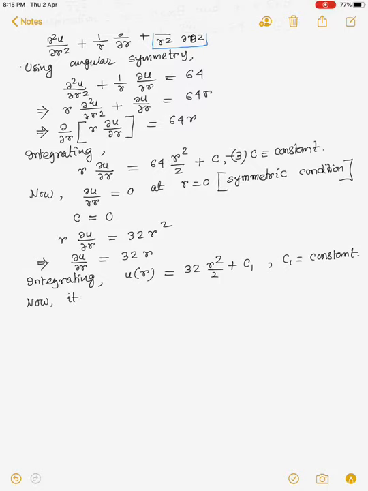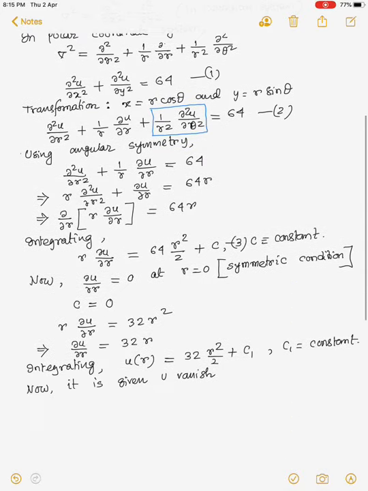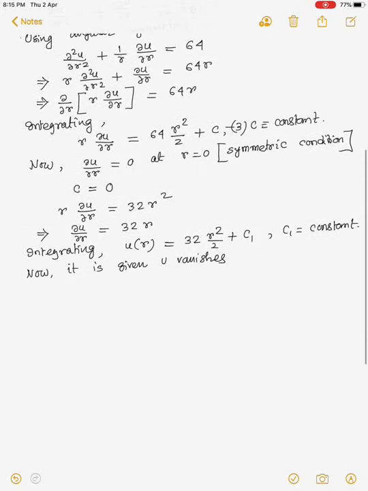Now it is given that u vanishes on the boundary of the disc.